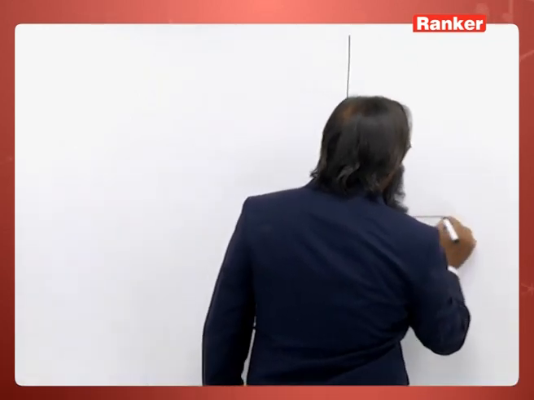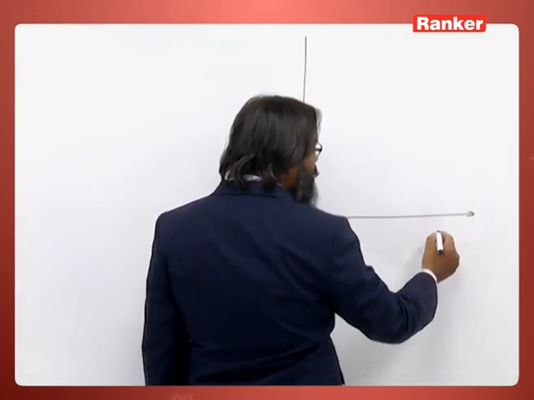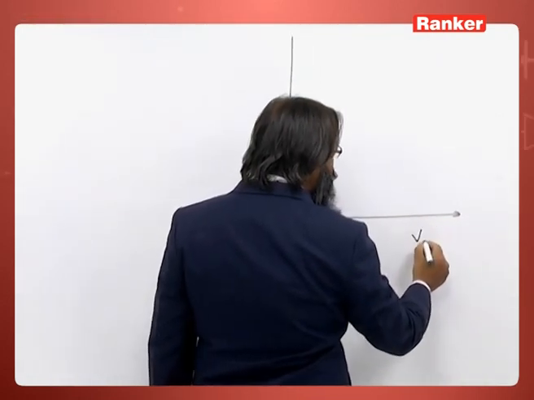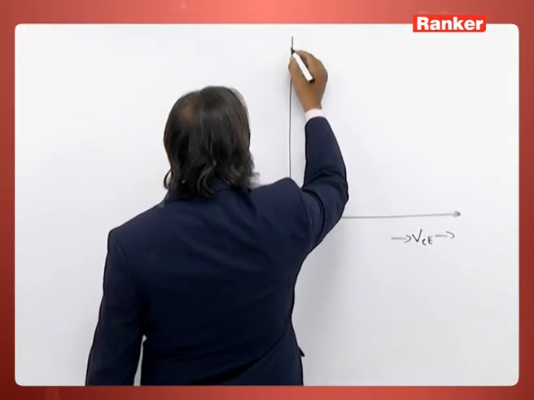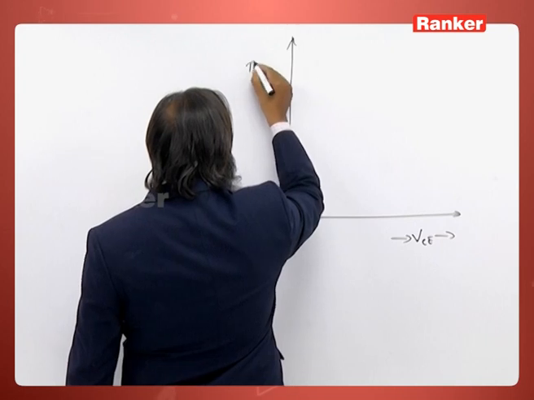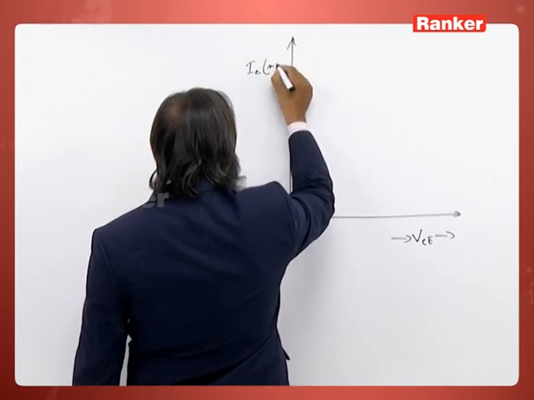Along the x axis we will plot VCE, that is measured in volts, and we will plot here IC, that is in milliamps.